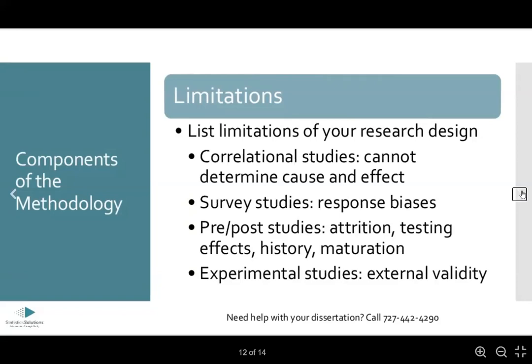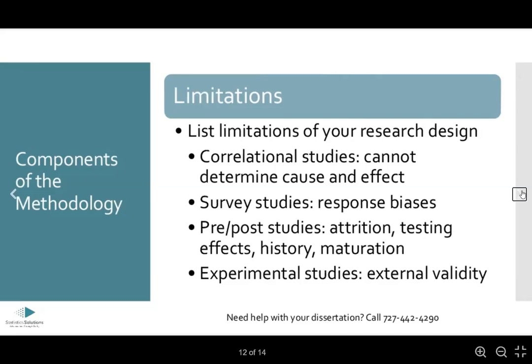If you're doing a survey study, there's potential for response biases. So for example, if you are doing a study of maybe individuals who smoke, it could be that participants underreport the amount that they smoke because they feel like they need to present themselves in a brighter light or something like that.